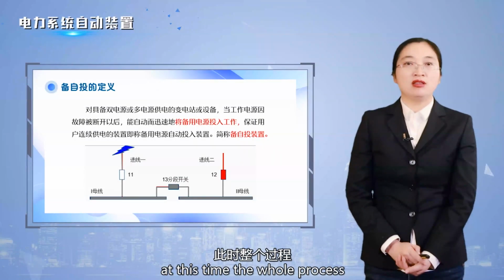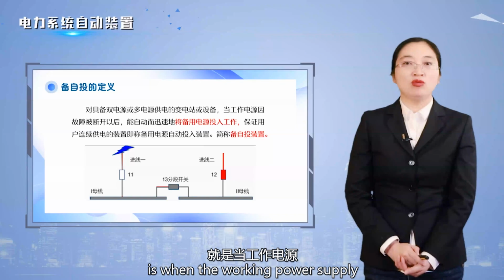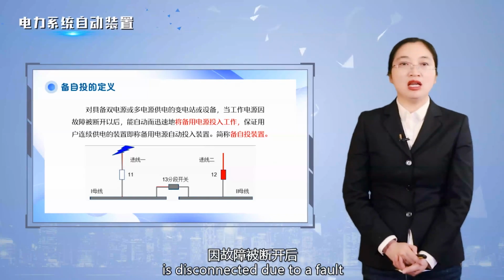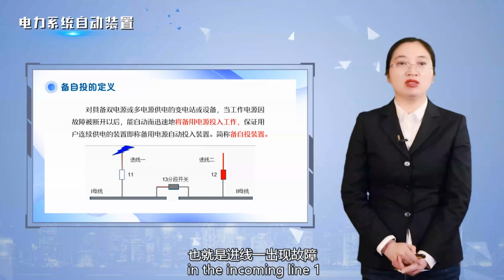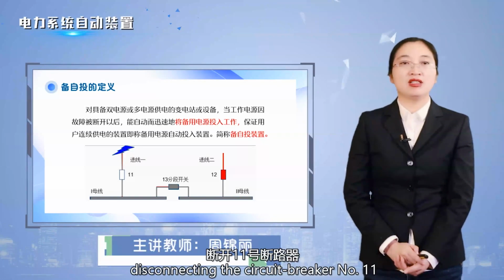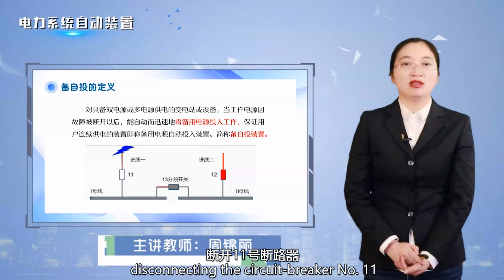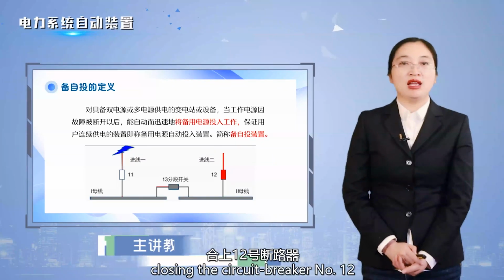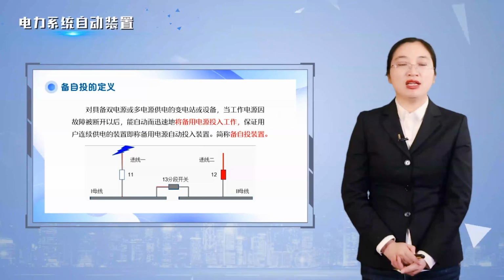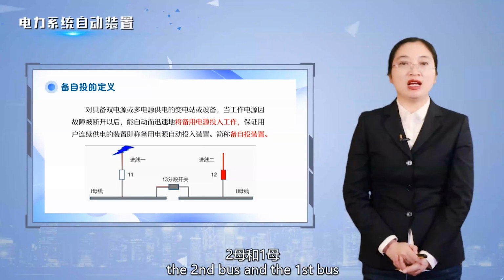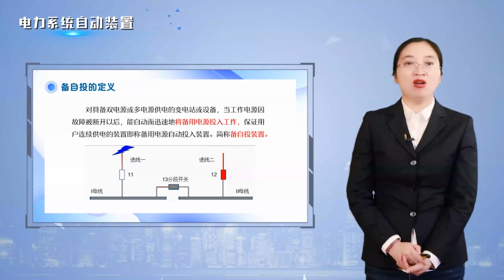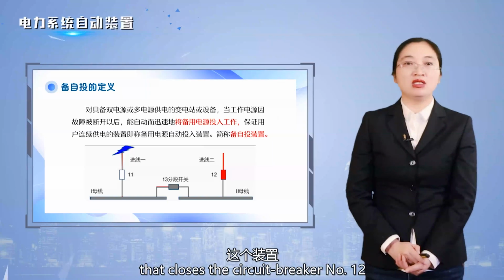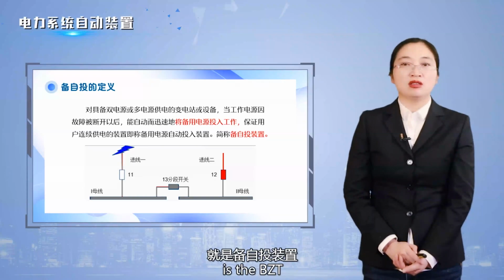At this time, the whole process is: when the working power supply is disconnected due to a fault, that is, there is a fault in the incoming line 1, circuit breaker number 11 is disconnected, and circuit breaker number 12 is closed, the second bus and the first bus restore the voltage and go into operation. And this device that closes circuit breaker number 12 is the BZT.